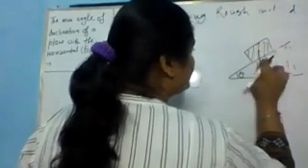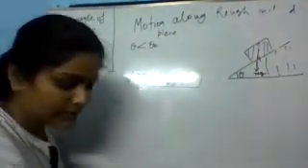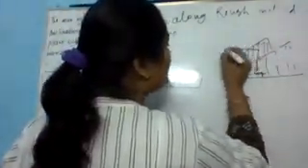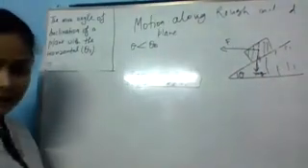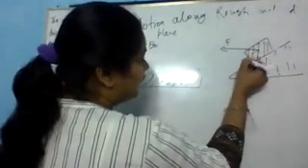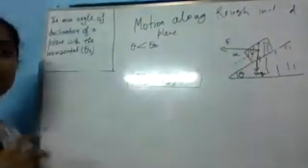One thing always remains, mg, there is no change in it. And here we are applying the force in this direction. This force is making an angle alpha with the horizontal.